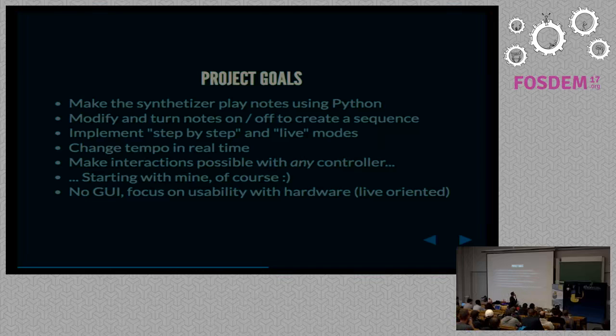I wanted to modify, activate or not steps to create a sequence, implement the 2 modes I've talked about, change tempo in real time, that's useful, and create abstractions to make these interactions possible with any controller.